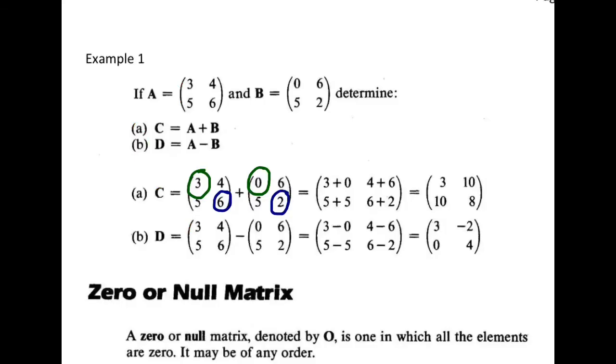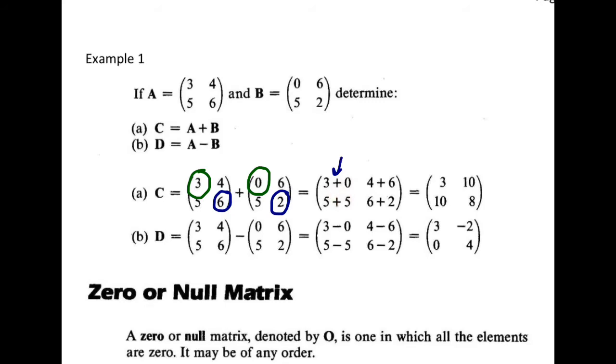So you add the 3 and the 0 here, bring it to the same place, and you add the 4 and the 6 to the same corresponding element position. The 5 here, you can add to the 5 here, you get 5 plus 5, and so on.